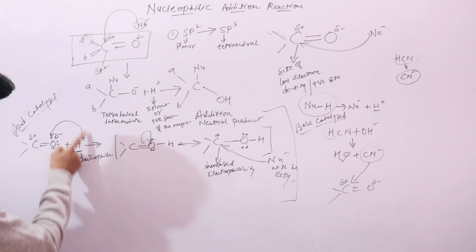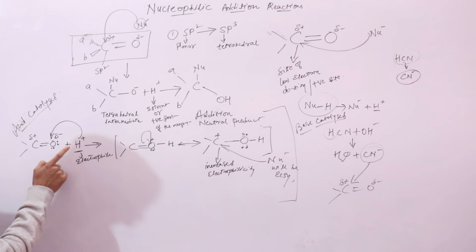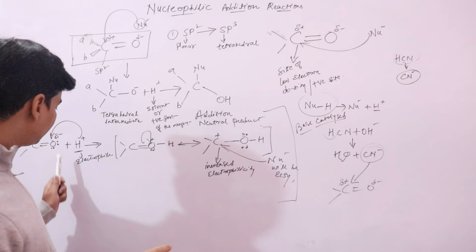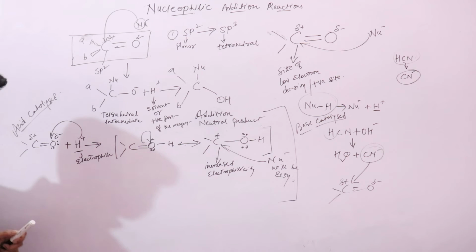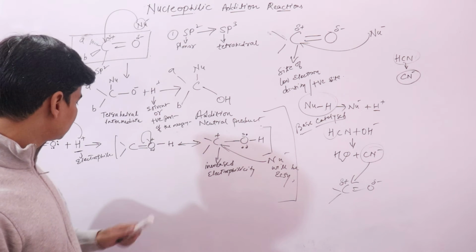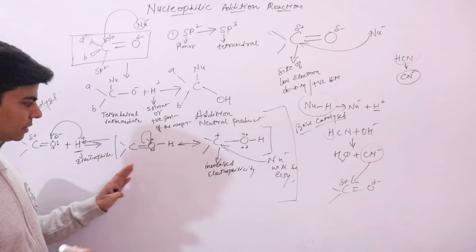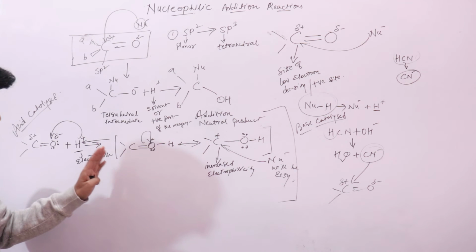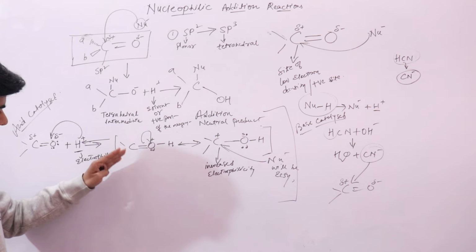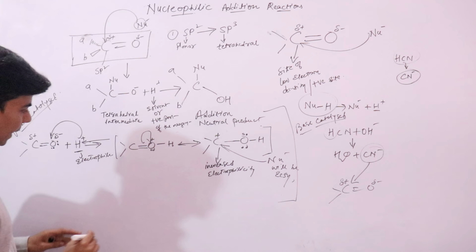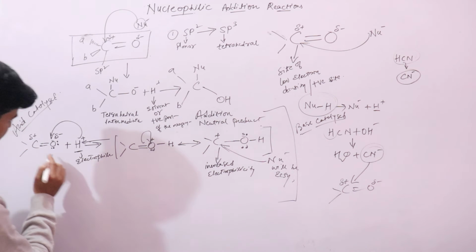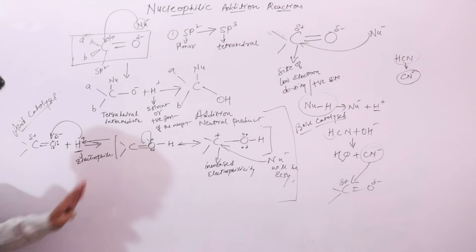If you look at this electrophilic addition, when this electrophile attacks this oxygen, this reaction, right? This is a reversible reaction, and this reaction goes more towards the reactant side.